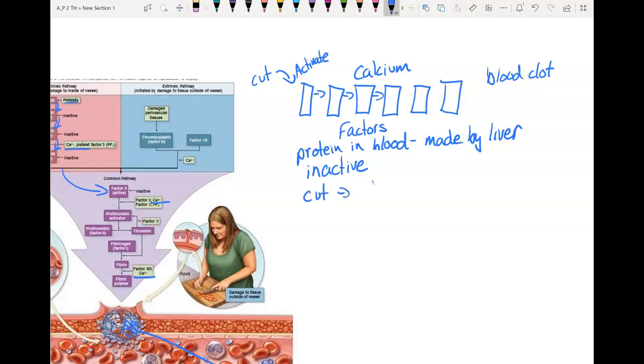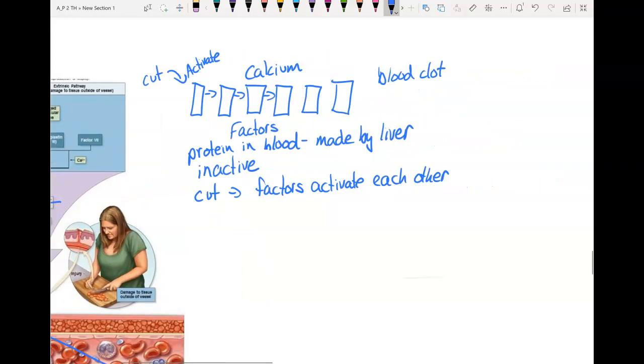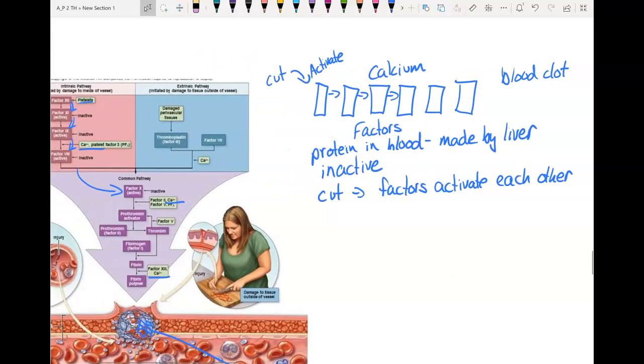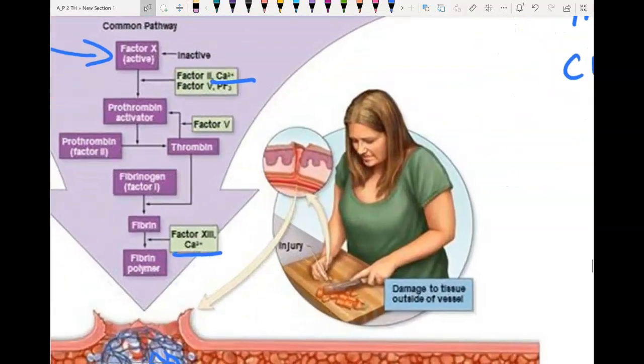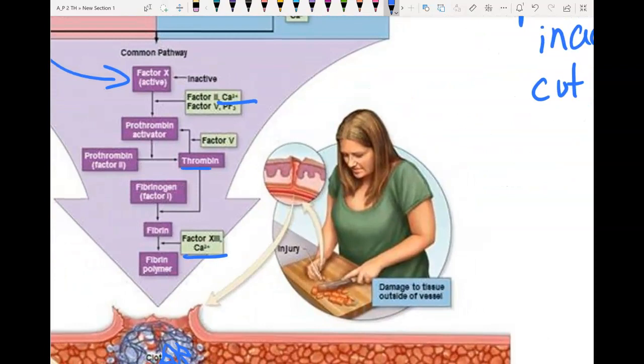So a cut, the factors activate each other. Okay, when you get to the end here, the last couple of them are thrombin and fibrin.